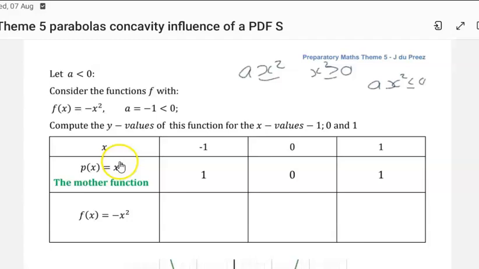Again, I've just renamed the mother function, the green one, to show you the relationship between the plus x squared and a minus x squared. If I work out this f of x, where my a is negative, I get minus 1 squared, so my answer is negative 1. Here I get minus 0 squared, and 0 plus 0 and minus 0 is the same value. Here I have minus 1 squared, and that will give me negative 1.